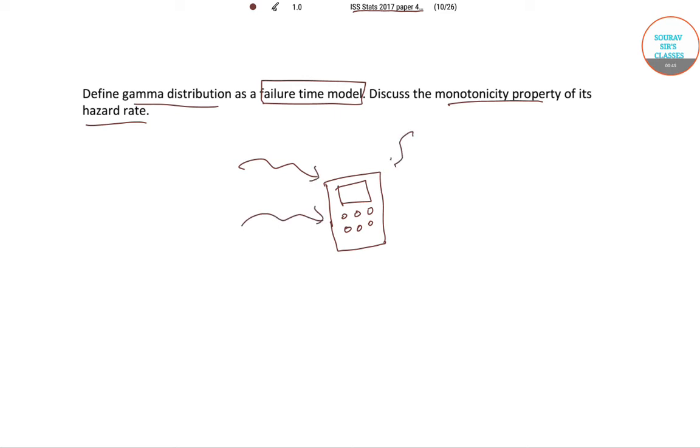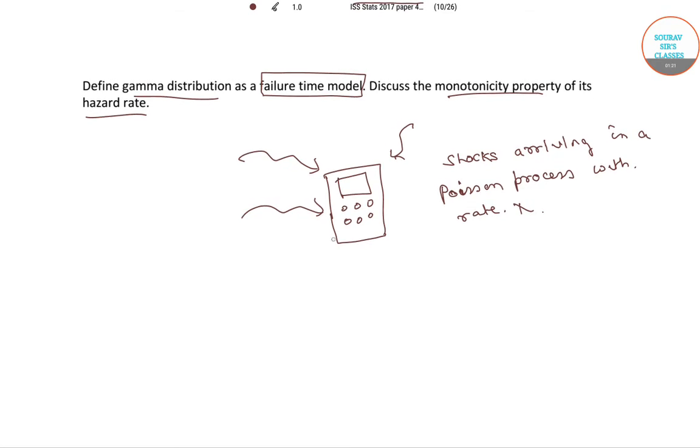These shocks are arriving in a Poisson process with rate lambda.